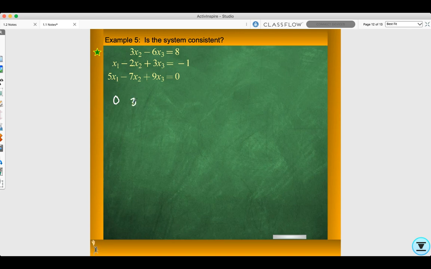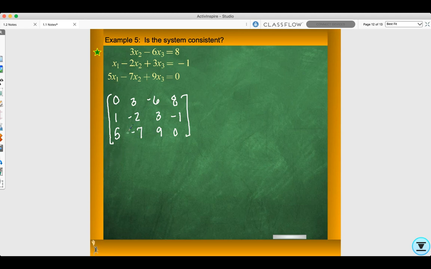I have 0, 3, negative 6, 8; 1, negative 2, 3, negative 1; 5, negative 7, 9, 0. What we want to do is try to get this in upper triangular form. And if we get our diagonal of all ones, we'll be able to tell if it's consistent or not. If we can't, then it's probably not consistent.